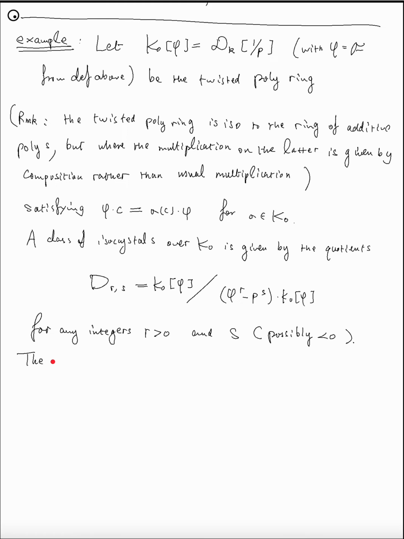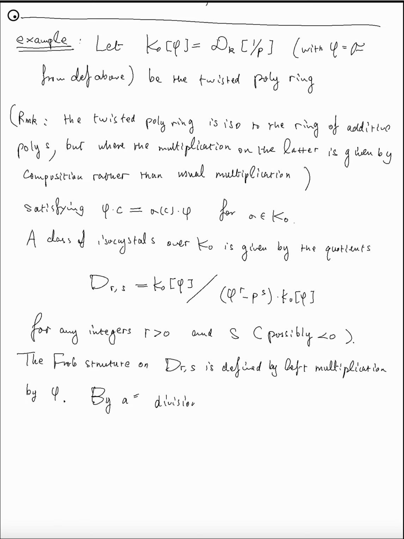The Frobenius structure on D r s is defined by left multiplication by phi. So this is again the remark.